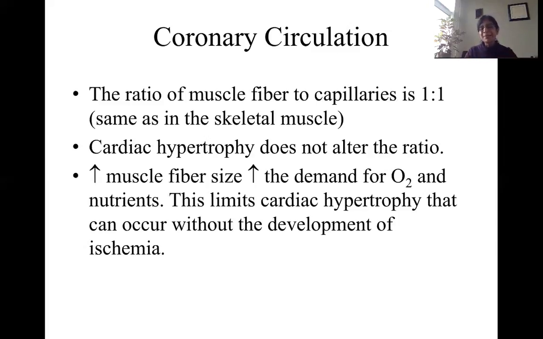That means the number of capillaries will be constant, whether there is hypertrophy or no hypertrophy. So that could, by in itself, can be a threat for developing ischemia. So an athlete with hypertrophied cardiac muscle fiber but limited blood supply to the heart probably is more prone to developing ischemia, right?